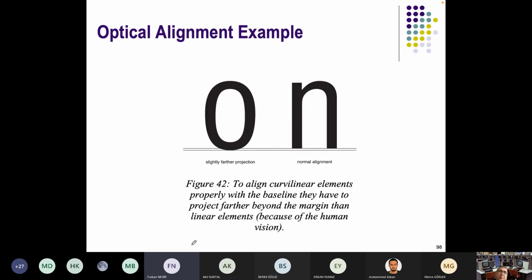Next is the optical alignment. That's an interesting design in fonts, screen objects and computer drawings.